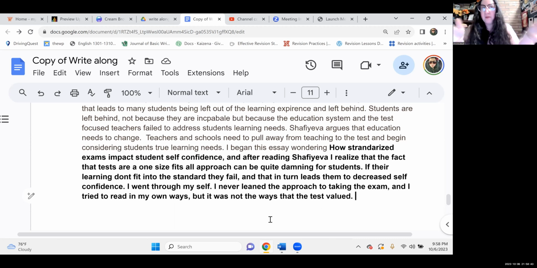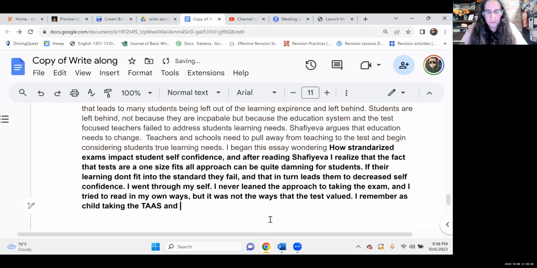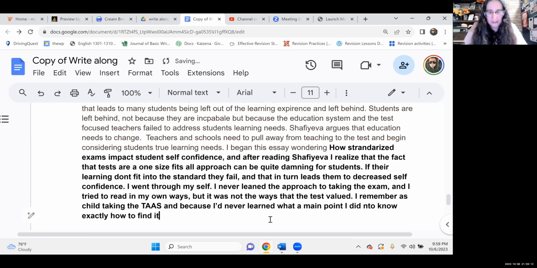I have a specific memory of looking at the test, trying to figure out what the main point was. I don't know what a main point is, but it seems like this is important. So I would look for the things that seemed important, and I'm going to write that. I remember as a child taking the test, and because I never learned what a main point was, I did not know exactly how to find it.